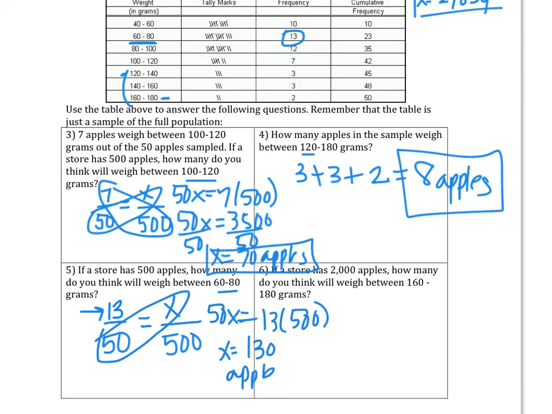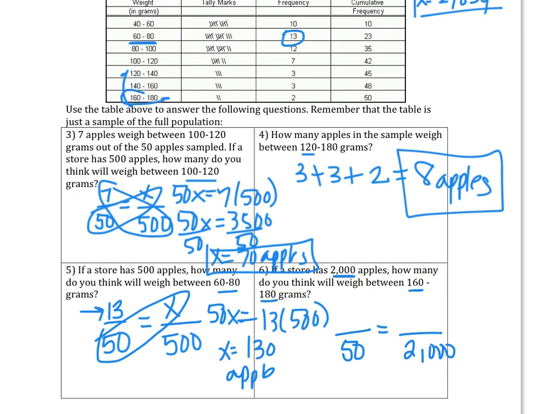Let's take a look at number 6. If a store has 2,000 apples, how many do you think will weigh between 160 and 180 grams? Okay, so we're going to use our table, and in our table, our sample size is out of 50, and the population, or the amount of apples we're looking for, is out of 2,000. So we're going to go back to our table, which is our sample, and look for how many in our sample were between 160 and 180.